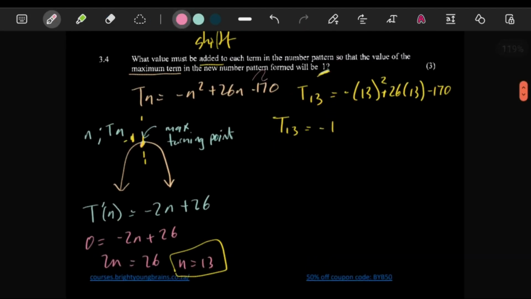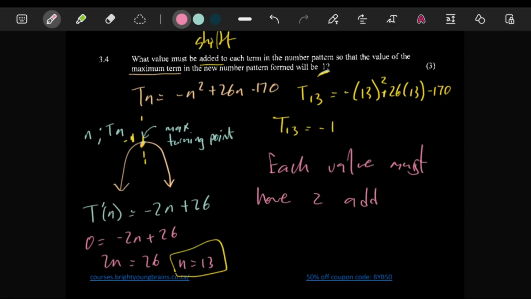So each value must have 2 added to it, because if 2 is added to everything, you're moving this graph 2 units upwards, and it's going to have a maximum value of positive 1.